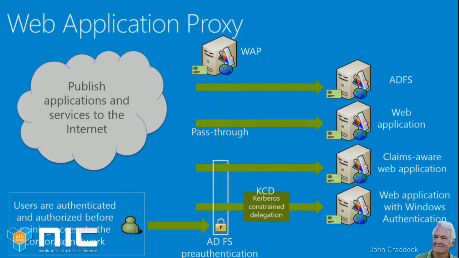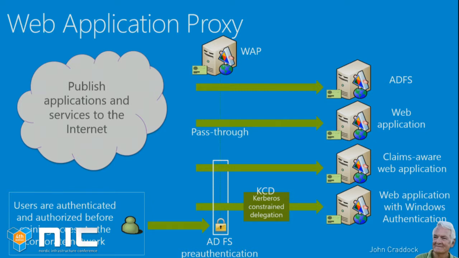Another thing you can do is Kerberos constrained delegation. Here we come to the edge, we get authenticated using claims identity, and then using Kerberos constrained delegation, it can translate our identity to a Windows identity to go to a Windows backend system.